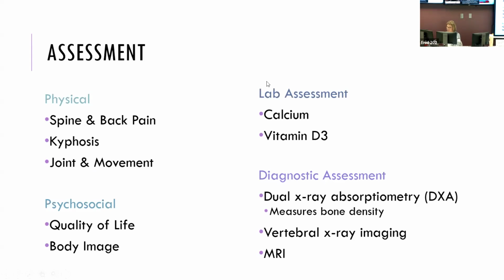They can't stand up as straight. They're not as tall as they used to be. Their lab assessment, you're going to check their calcium and vitamin D3 levels. On the diagnostic assessment, the DEXA scan is what measures their bone density, which they check when they become postmenopausal. And then x-rays, of course, of the spine, and then MRIs.